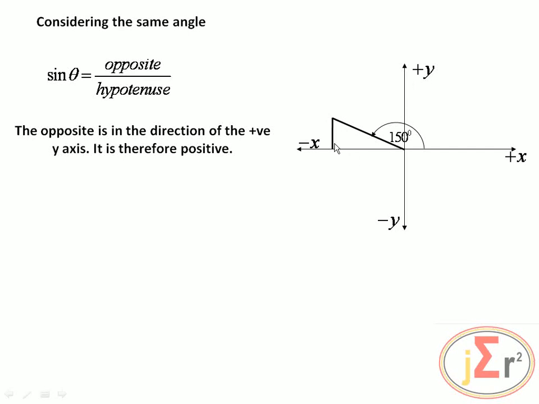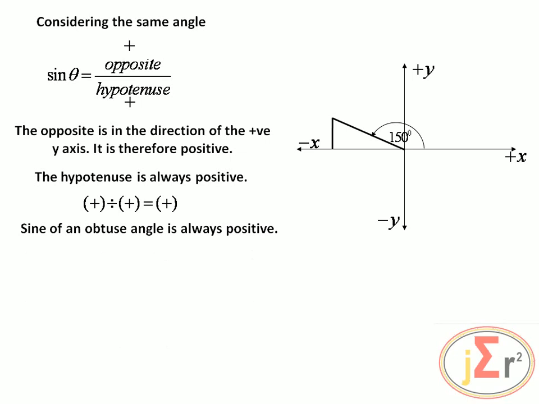The opposite is therefore positive. The hypotenuse is always positive. Positive divided by positive is equal to positive. Sine of an obtuse angle is always positive.